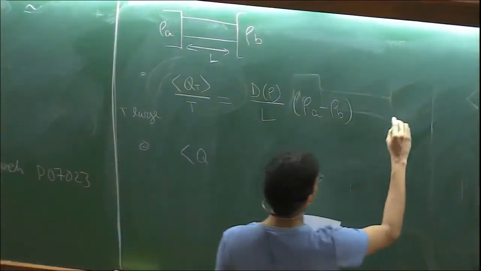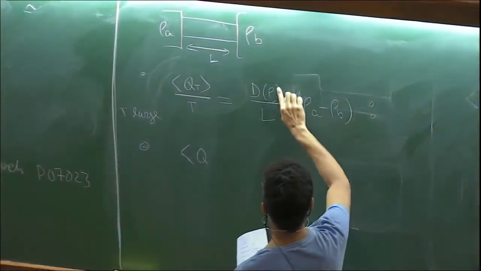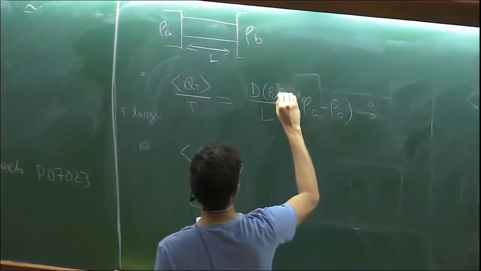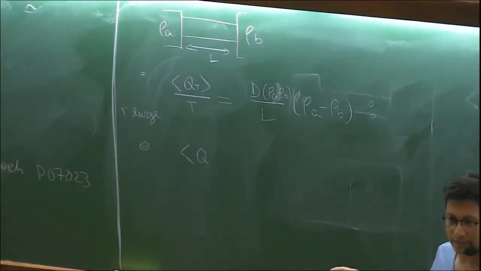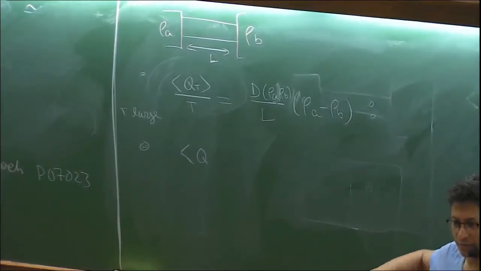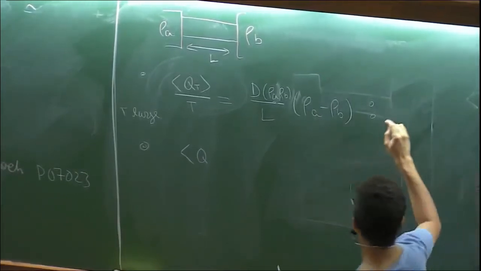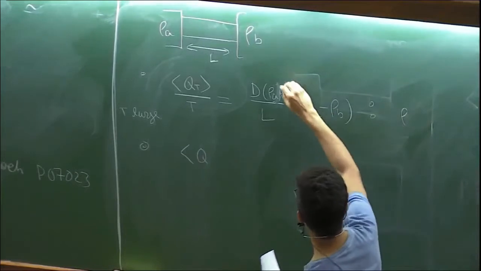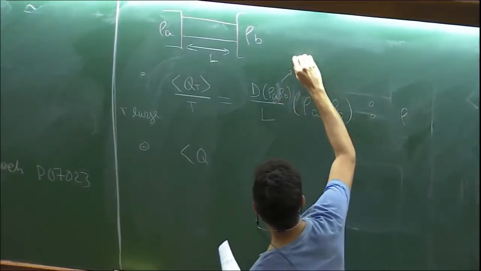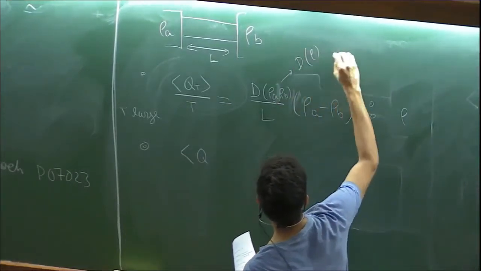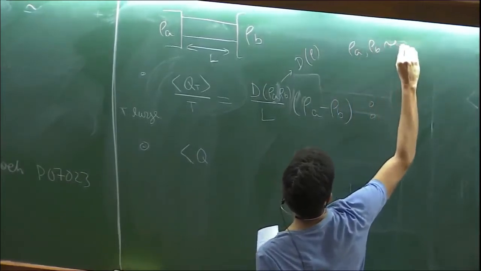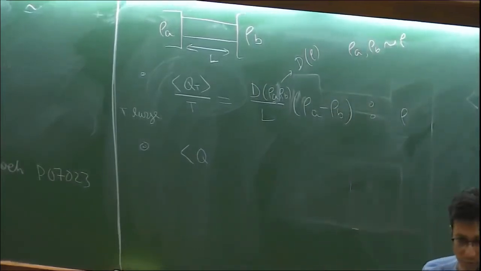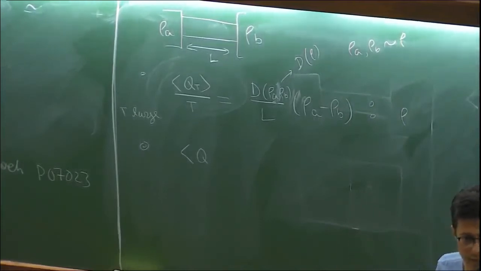In general it's a function of rho A, rho B, but I'm now looking at the case where L is very large and rho A, rho B are not so different. So D essentially becomes D of rho, where rho A and rho B are roughly close to this rho, like the average between rho A and rho B.